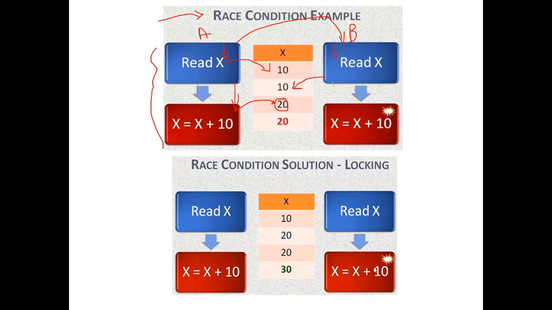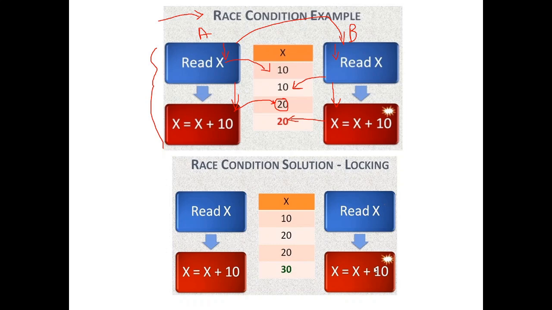So after incrementing, the value of X from B is going to be 20. So here the result is wrong. This is not properly synchronized because process B interrupted and read the wrong value, before process A updated it, and it is showing the wrong result.